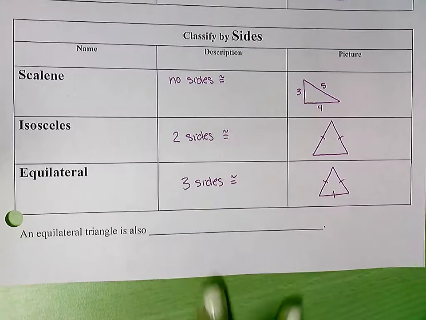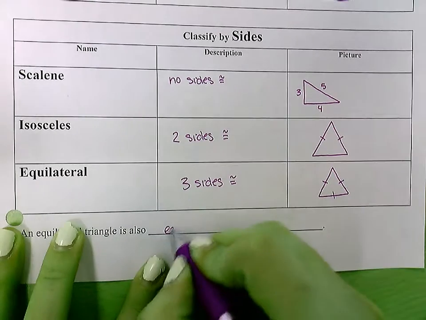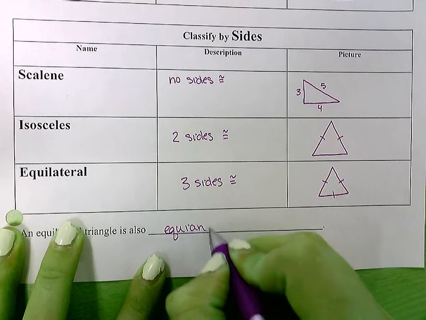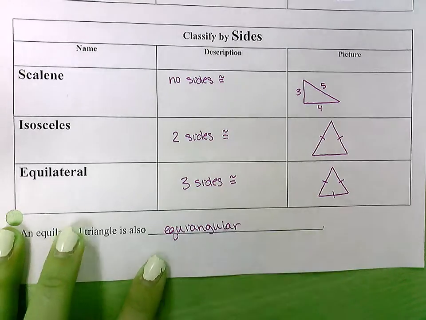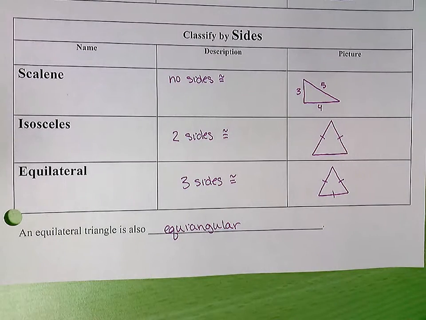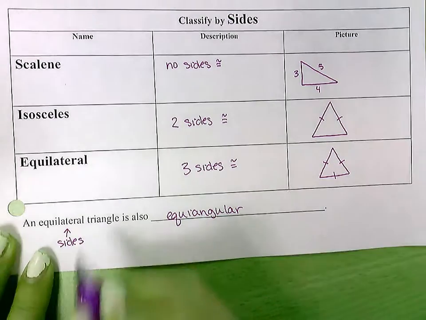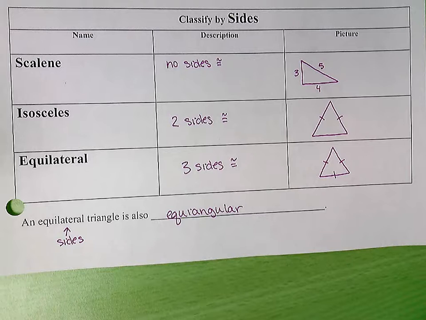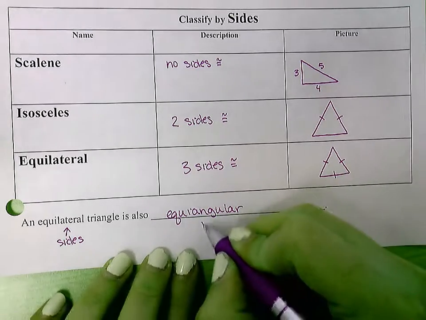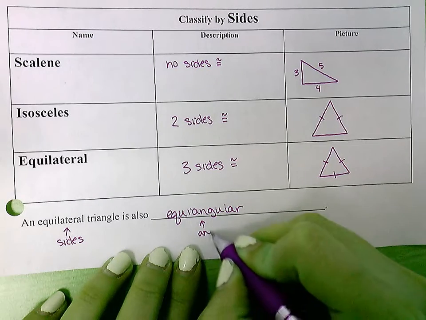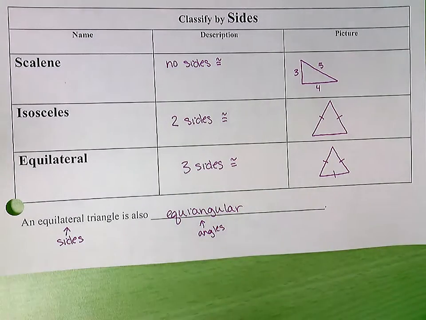All right, bottom statement. An equilateral triangle is also an equiangular triangle. Okay, so if you have all of your sides the same, so equilateral has to do with the sides of your triangle. If all of those are the same, then all of your angles have to be the same as well, which is equiangular.